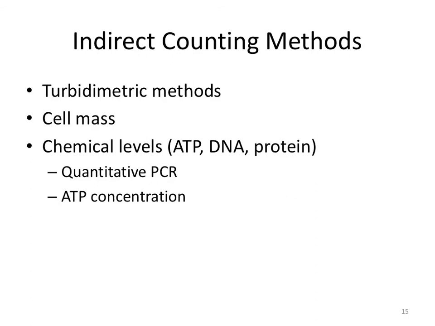Chemical levels might be measuring the level of ATP, of DNA, or of protein. Quantitative PCR, which is a technique used to evaluate copy numbers of particular genes, is an example of a chemically based indirect counting method, as is ATP quantification. Let's think a little bit about turbidimetric methods.